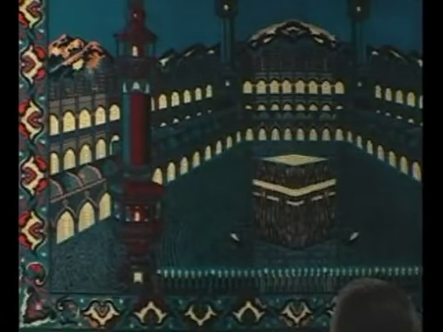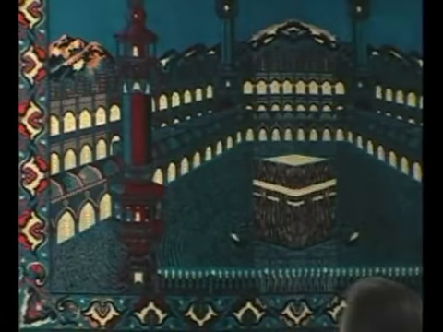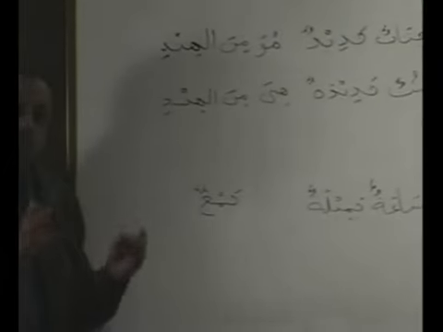So the army is a jama. Sahi? Huh? Not one person. Could be 100, could be 1,000, could be more. Okay, so instead of saying army, instead of saying jundun, he used the word jama'un, but jama'un means also group.